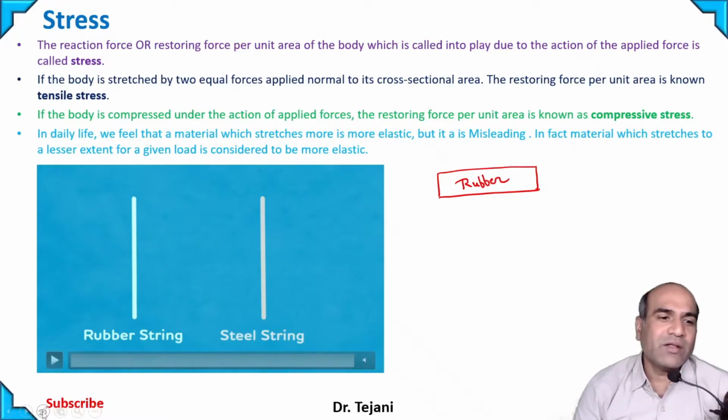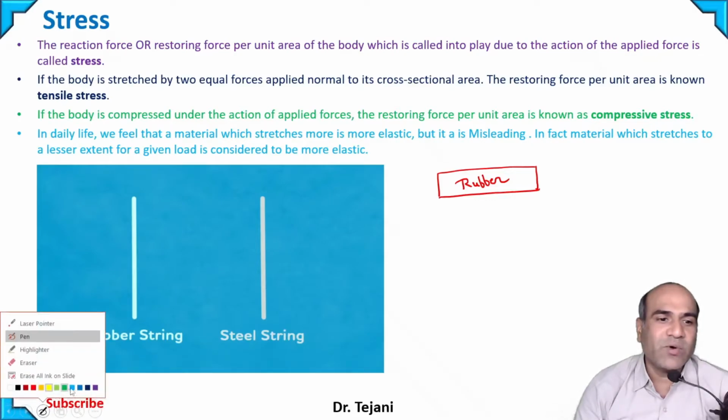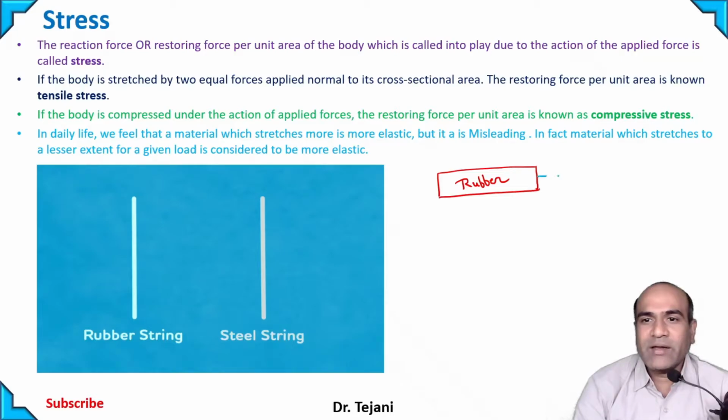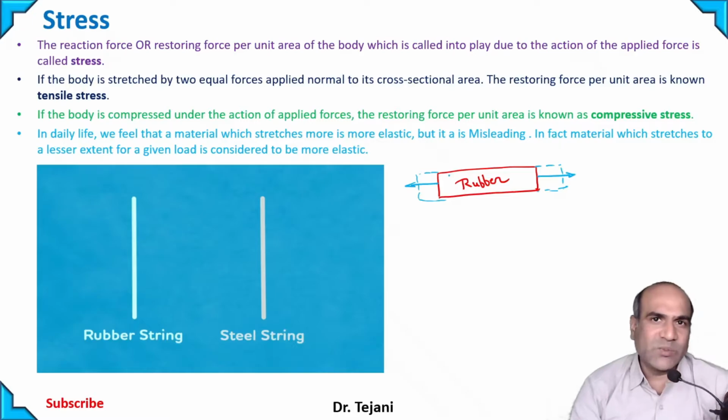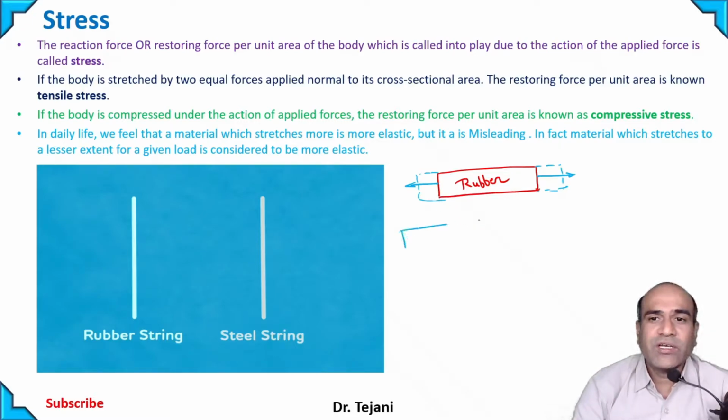When we apply two pull forces on both sides, the rubber, being an elastic material, increases in length. We assume that if a rubber has a higher elastic property, it stretches more.